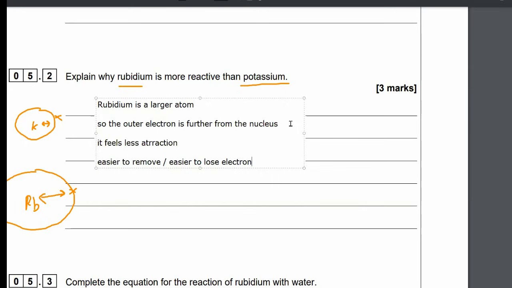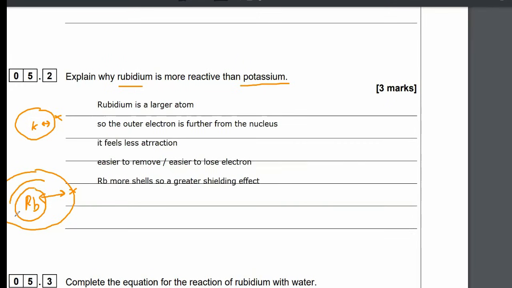Now, a little bit of extra content they normally always have on the mark scheme is that also Rb, rubidium, has more shells. So a greater shielding effect, a bit of an A-level term that. And what does that mean? That means that the rubidium has got extra shells.